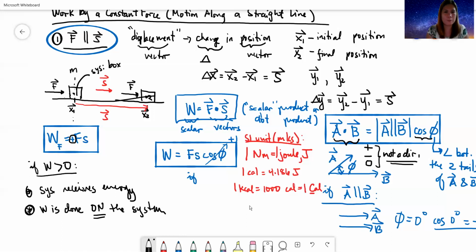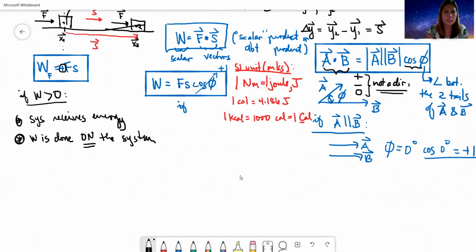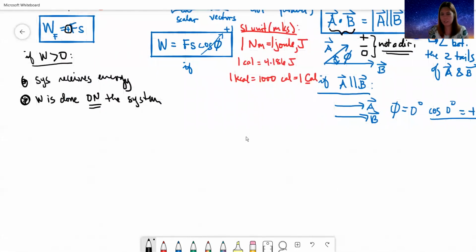Now, i-opposite naman natin. What if this time, let's have case number 2. So for case number 2, what if the force this time is at a certain angle, no?